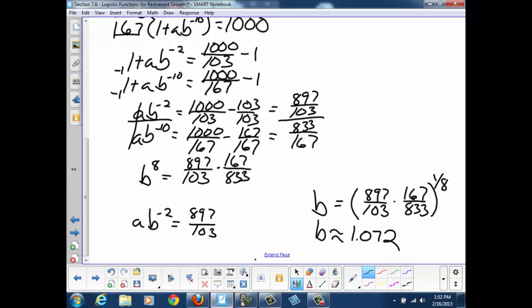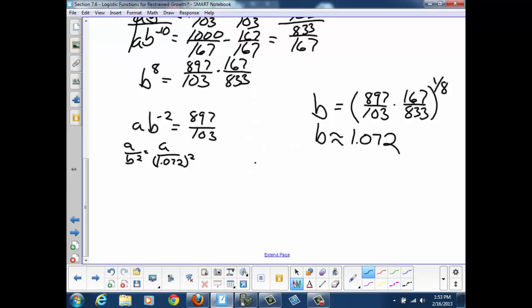But I know that b is now 1.072, so a over b squared is going to be a over 1.072 squared, and that's going to be 897 over 103. So a is going to be 897 over 103 times 1.072, or b squared.